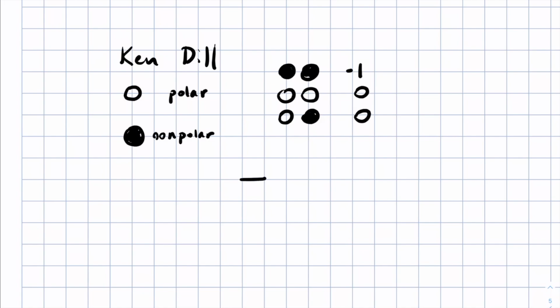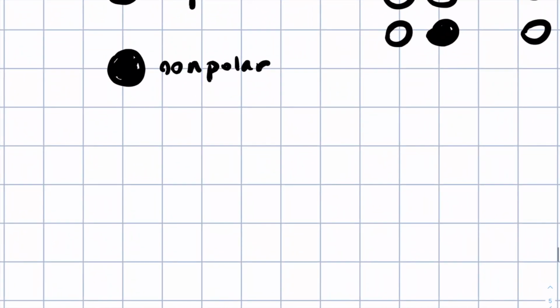So I think Dill started with a really, really simple molecule. I'm going to have to draw smaller circles. So let's just imagine a polymer like this, and let's put the two non-polar residues on the end.